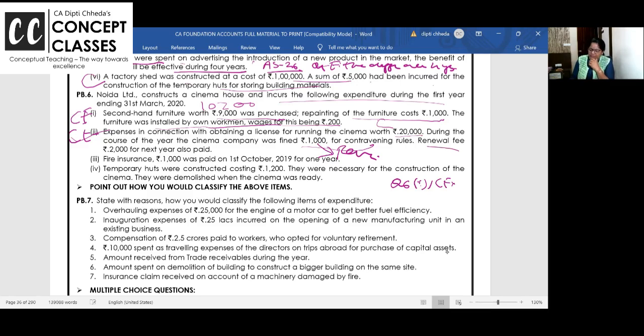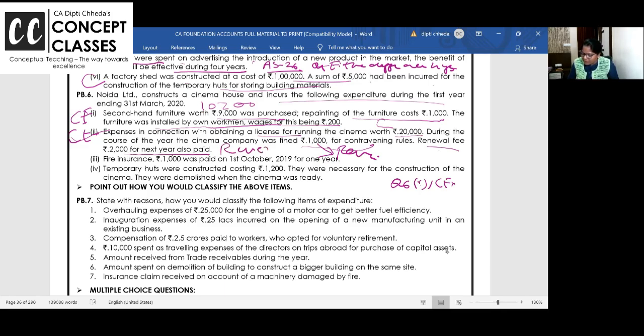Renewal fees, 2,000 for the next year. Now, renewal fees for this license, you have paid only for 1 year. So routine renewal fees and all, it's not license-related.